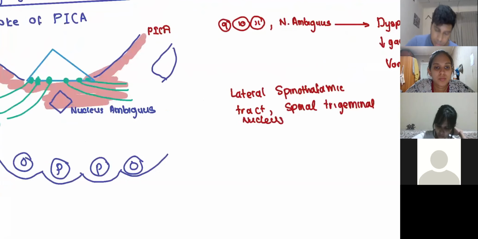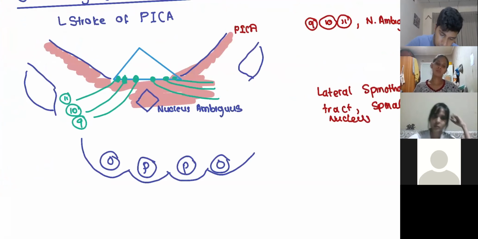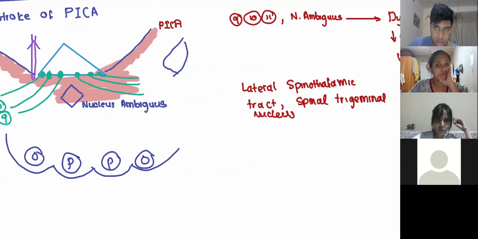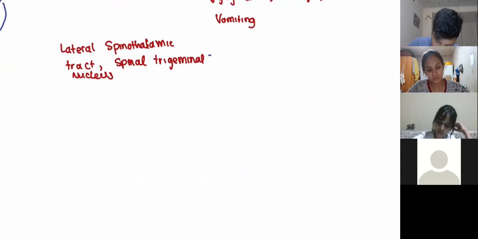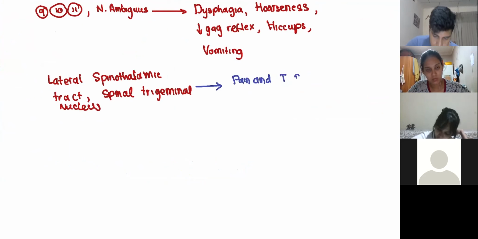Now, cranial nerve 5 has 3 branches, 3 nuclei. One of them actually originates from the spinal cord and goes upwards like this. It is called the spinal trigeminal nucleus. Okay, so if these are affected, one of the functions of the trigeminal nerve is pain and temperature from the contralateral side.